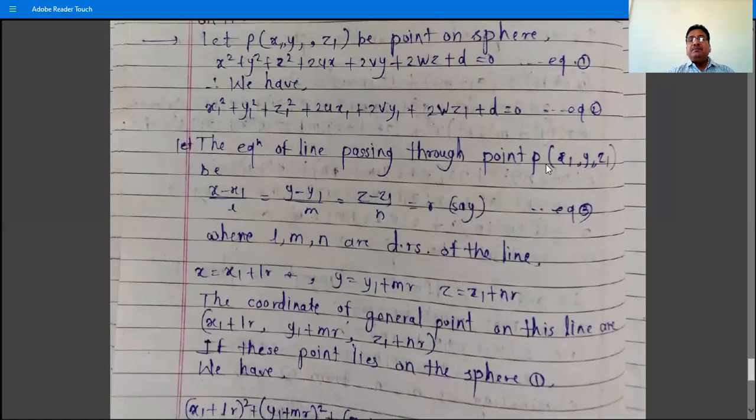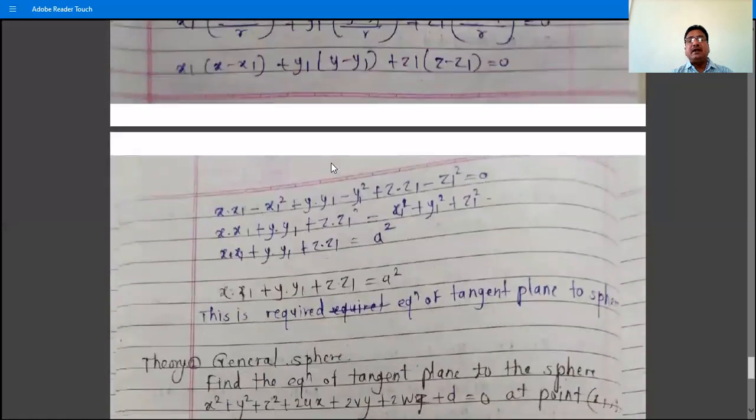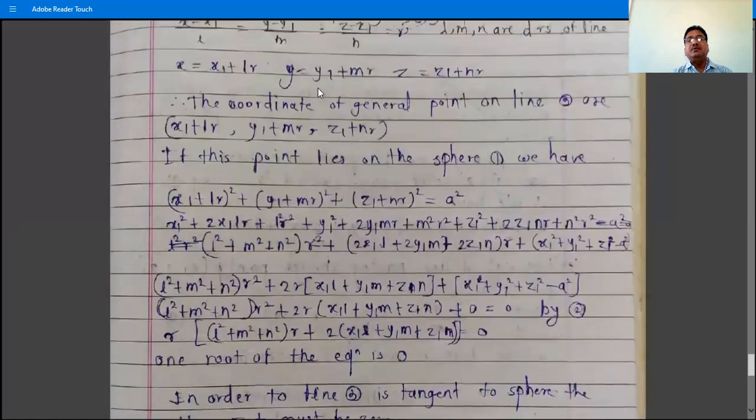Then the equation of the line passing through the point P(x1, y1, z1) is what? (x - x1)/l = (y - y1)/m = (z - z1)/n = r, say equation number 3, like this.